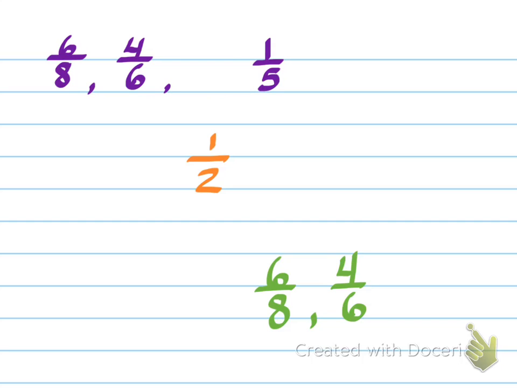All right, now 1/5 is a little bit different. To figure out what half of this denominator would be, to figure out what half of 5 would be, is a little bit trickier, because half of 5 is actually 2.5. But to make it a little bit easier, we're going to bump it up to the next even number, which is 6.